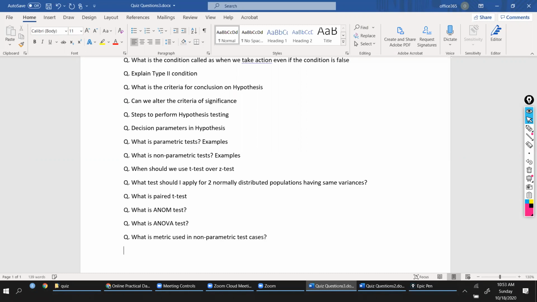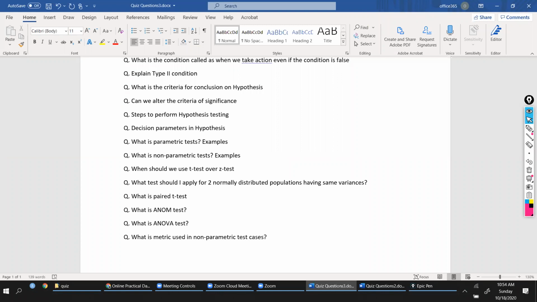For doing conclusions, what is the metric that is used? Non-parametric test cases, what is the metric used?